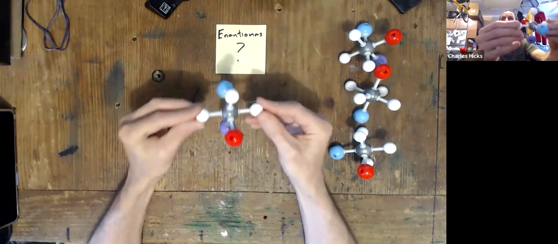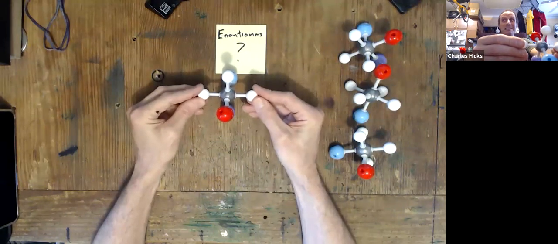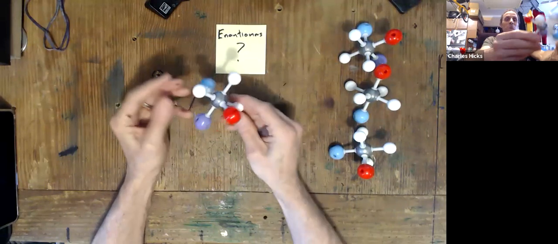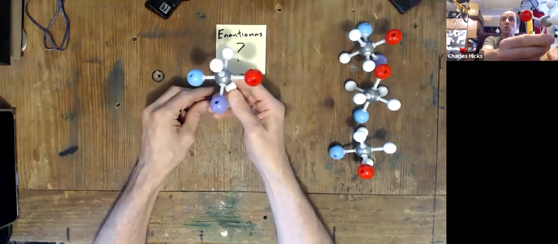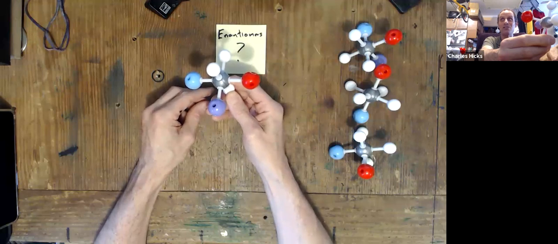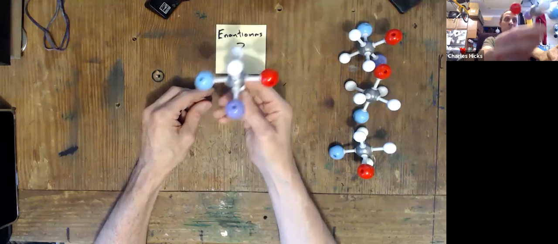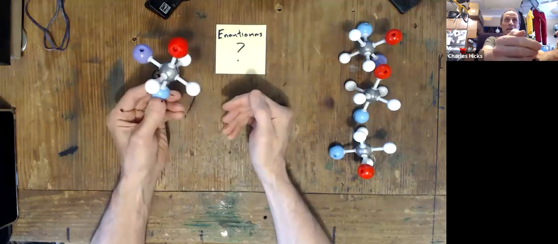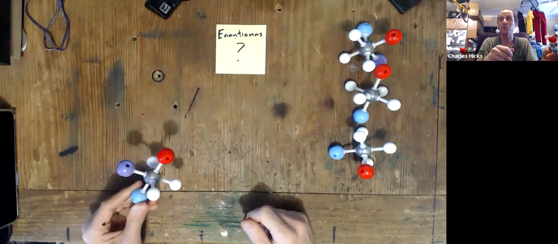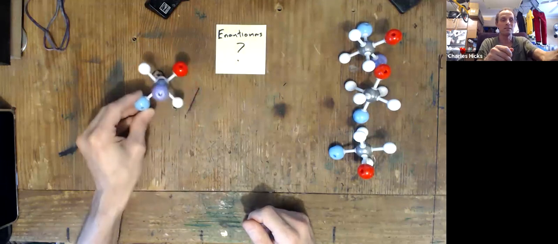Therefore, this molecule possesses a plane of symmetry. It is not asymmetric. So even though this molecule has the same collection of atoms as the last one, this molecule, when it looks in the mirror, is looking at itself. There is no enantiomer. This molecule is not right or left-handed. There is only one molecule that we're looking at here. There isn't a left-handed or a right-handed version of it.